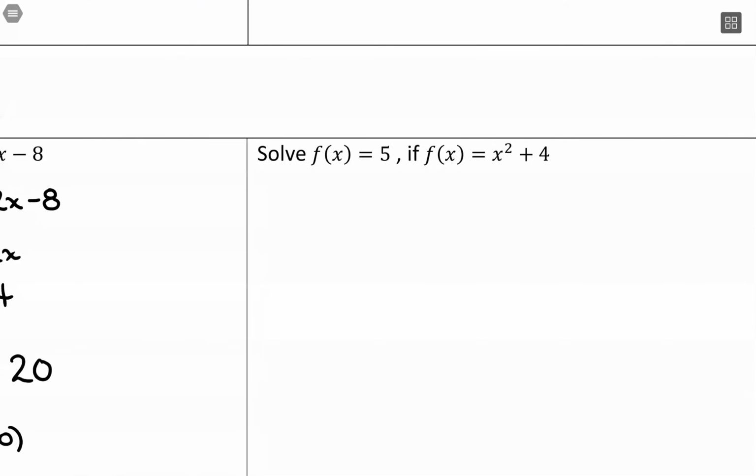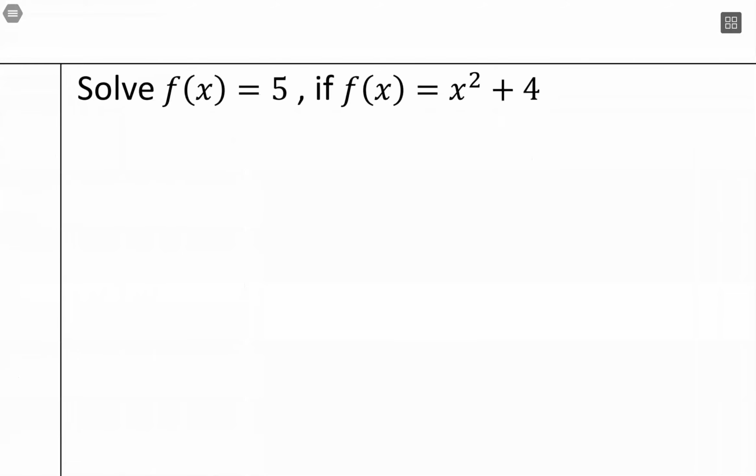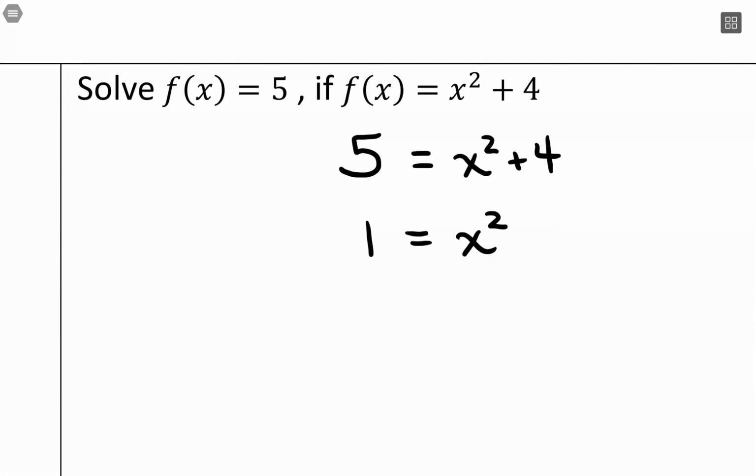Let's look at another case here. So f of x is equal to 5. So I want to plug in 5 for f of x equals x squared plus 4. Now I'm going to solve for x, so I'll subtract 4 from both sides. I'm going to take the square root of both sides, so I get x all alone. And when we do that, taking the square root of both sides, we'll get plus or minus, and square root of 1 is 1.